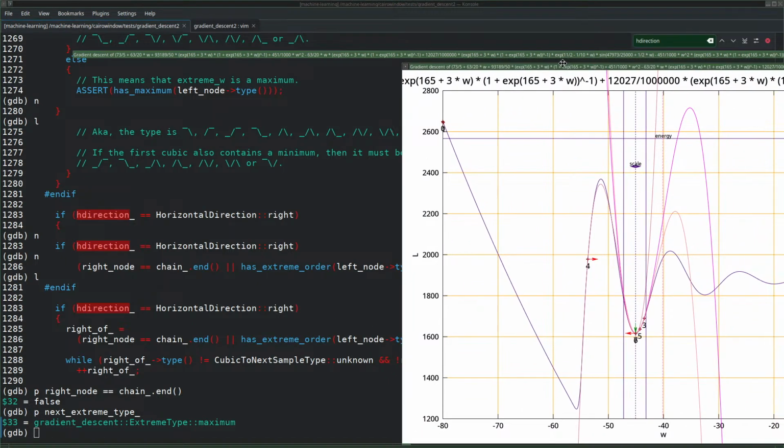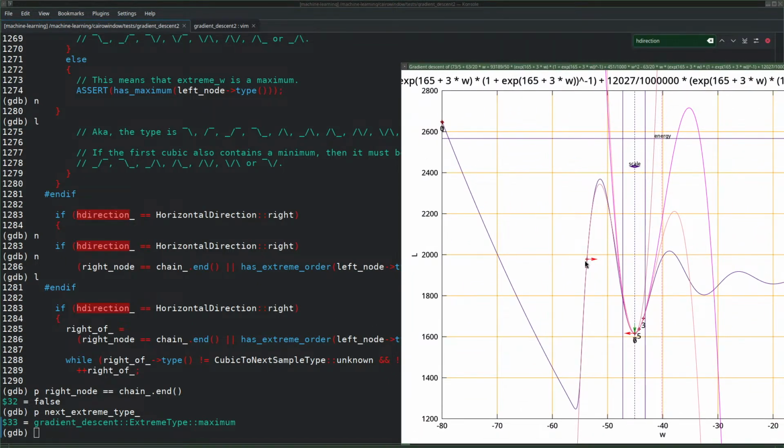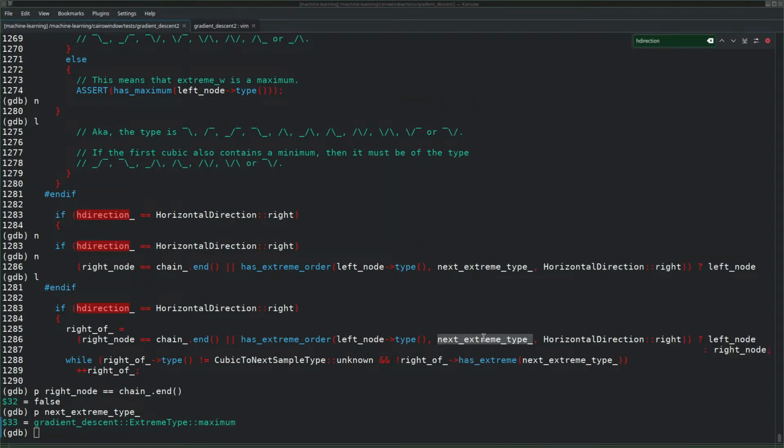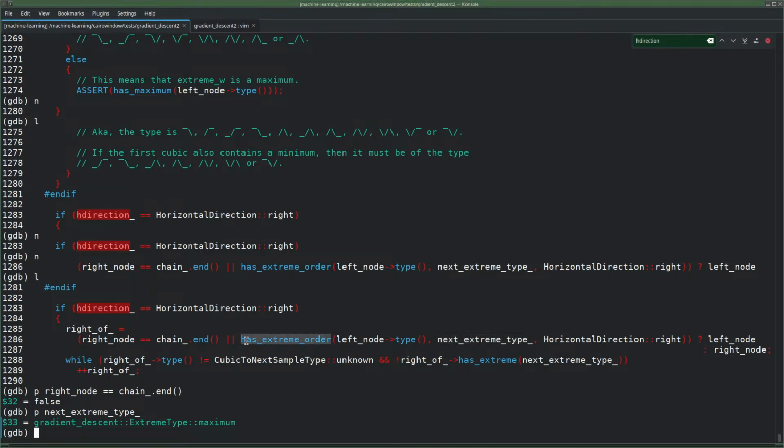Yeah, so we have here, this is the left node, we have the maximum and then the minimum. So the maximum is not on the right of the minimum, it's on the left. So this is going to return false, and therefore this should end up as right node.